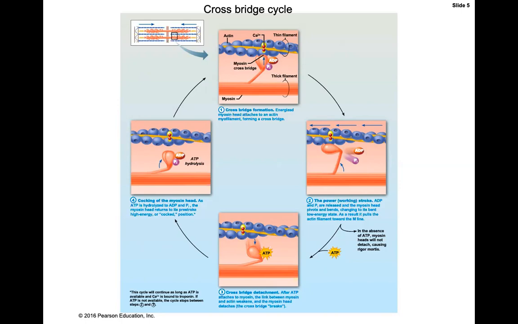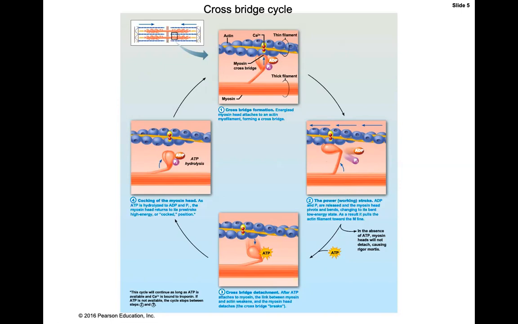What causes the motion is that as ADP and the inorganic phosphate leave your myosin head, the myosin head creates its motion, called the power stroke, which grabs the actin and pulls it into the myosin, causing the muscle to shorten.